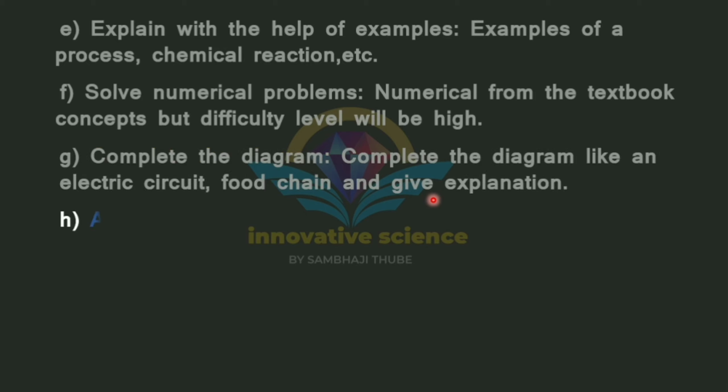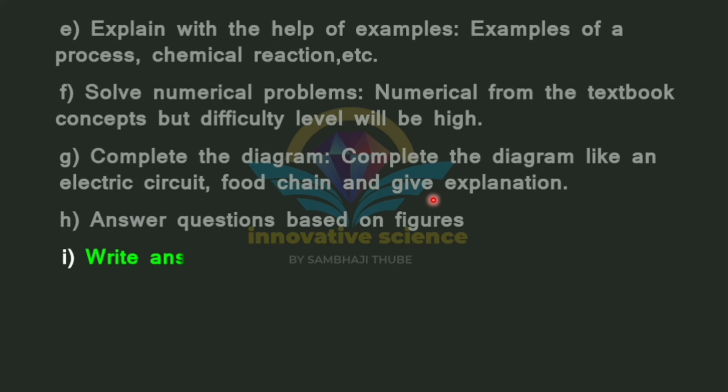Then the next type of question is answer questions based on figures. A diagram with questions based on it will be asked. Write the correct answer to the question and explain it.